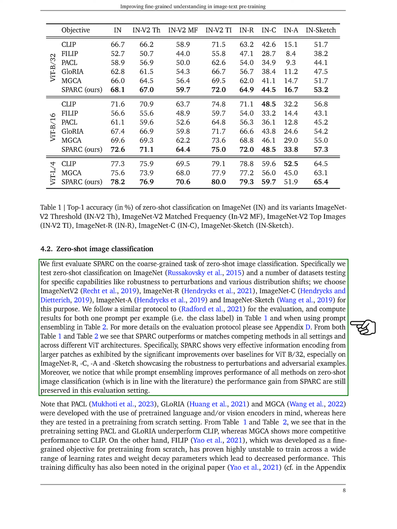Our results showed that Spark either matched or outperformed competing methods in all settings and across different ViT architectures. Spark was particularly effective at encoding information from larger patches, as shown by the significant improvements over baselines for ViT-B/32, especially on ImageNet R, C, A, and Sketch.